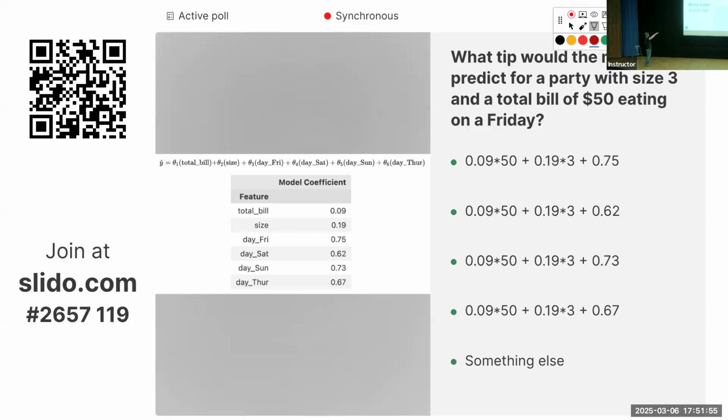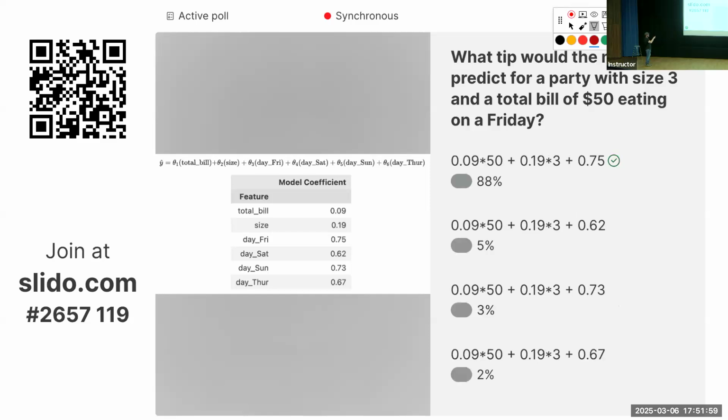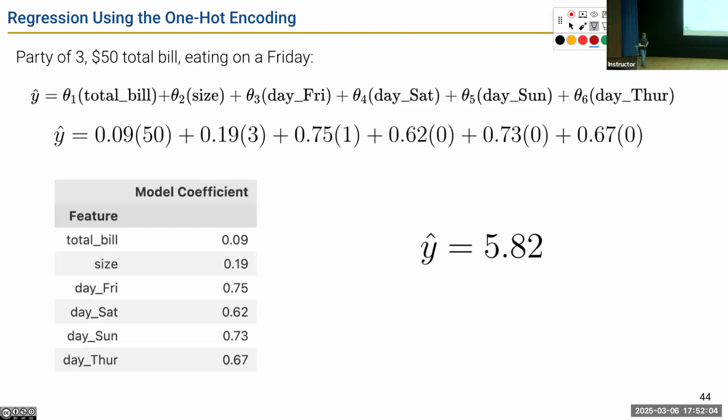And then the last question is Friday. How do we deal with these? What does it mean for it to be Friday according to the model? The model has these one-hot encoded columns to work with. We communicate the fact that it's Friday to the model by setting the day Friday column to 1. Why do these suddenly look a little different?